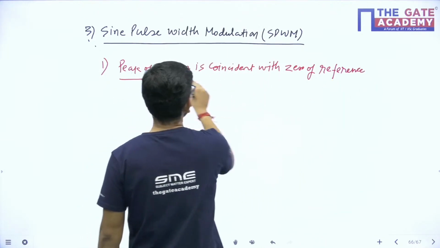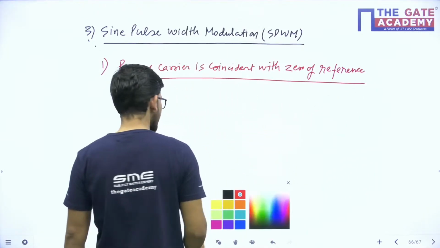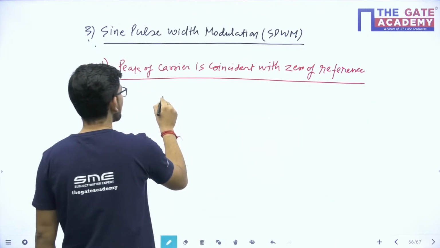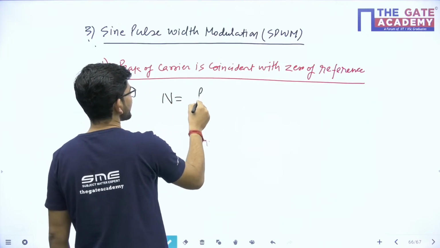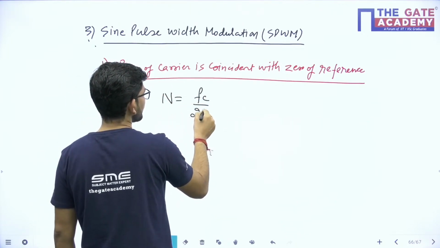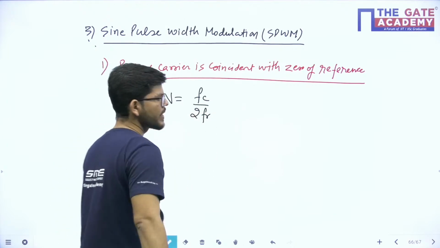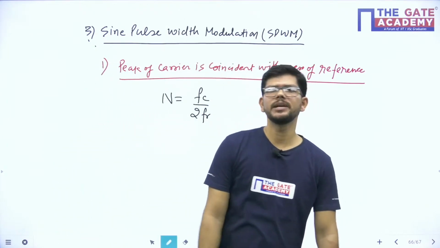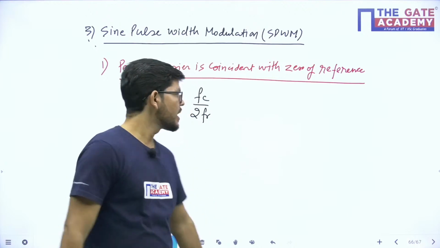In that case, the number of pulses fed per half cycle will be fC upon 2 fR. Okay, number of pulses fed will be fC upon 2 fR.